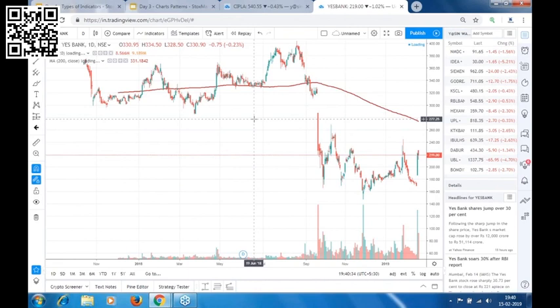See here again, it took a support from the 200 moving average, and see at this point the kind of curve that this 50 moving average is making, almost trying to take a support from the 200 moving average, and see how beautifully the prices moved in the stock. So 50 and 200 are the most widely used moving averages.